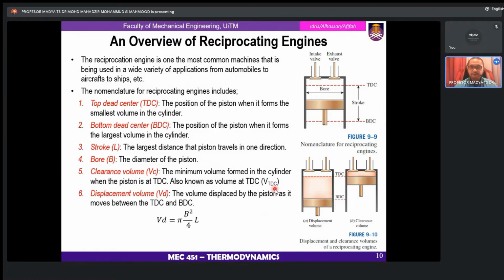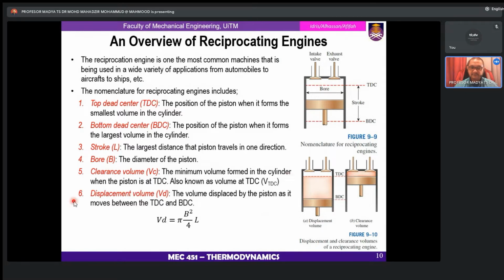So when the piston goes up to the end of its range at TDC, the volume in the cylinder is called the clearance volume.